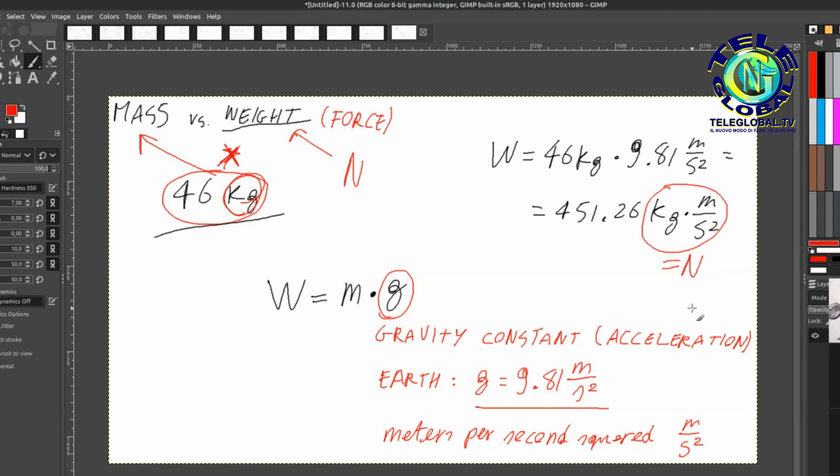So rather than saying that force is kilograms by meters per second squared every time, we just call it Newton and make it short. Okay.